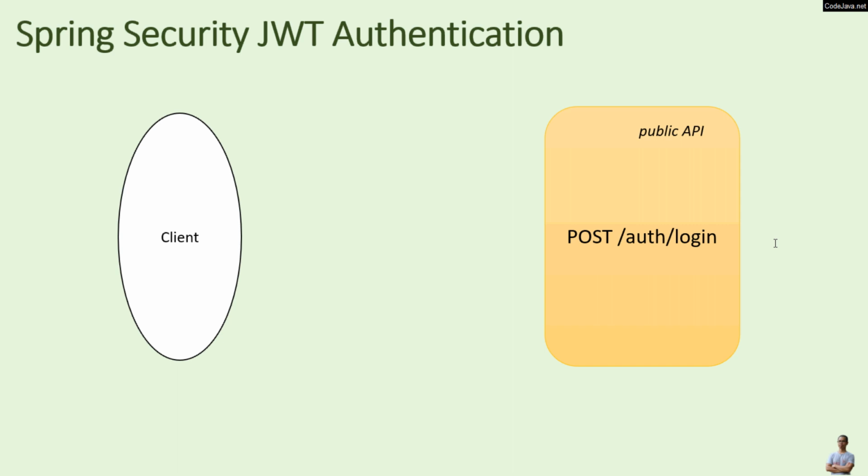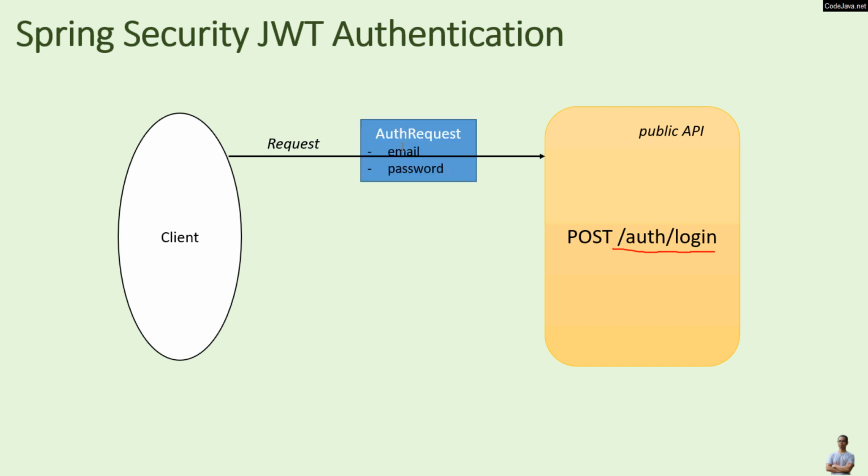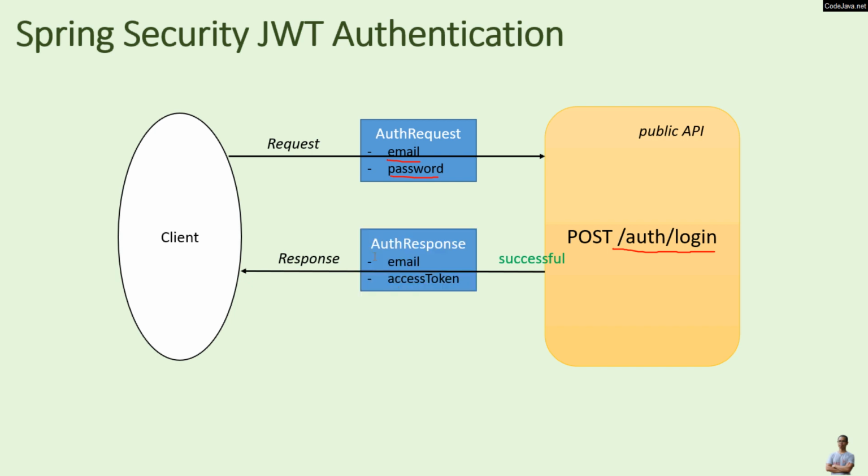And next, I'm going to guide you how to implement the Authentication API or user login API with the URI /auth/login. To use the API, the client must send a request that includes an AuthRequest object containing email and password like this. If the authentication is successful, return the response that includes the AuthResponse object containing email and access token.